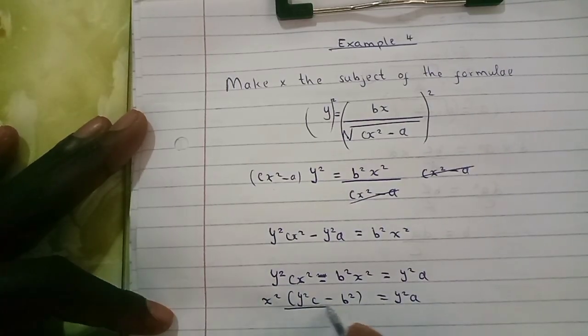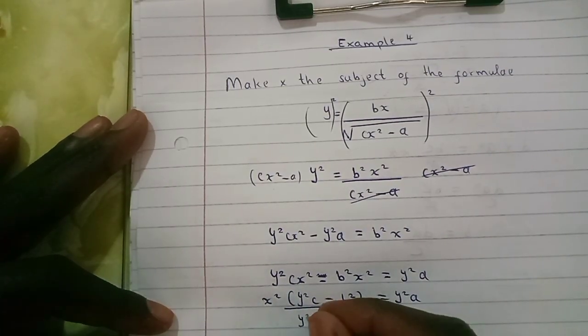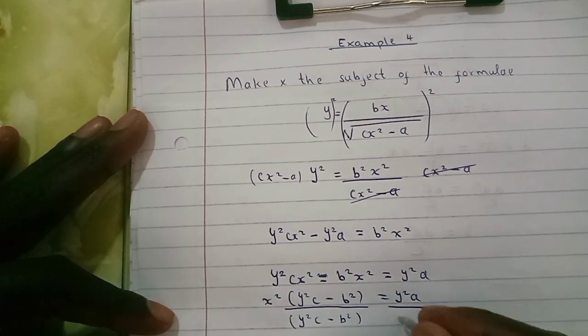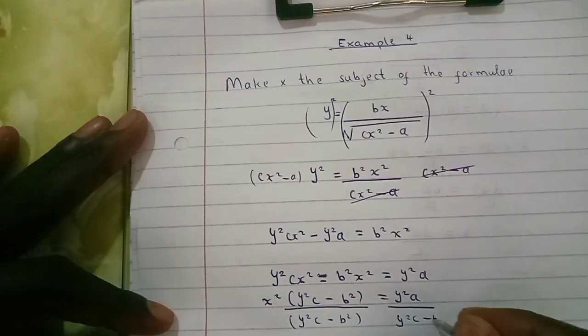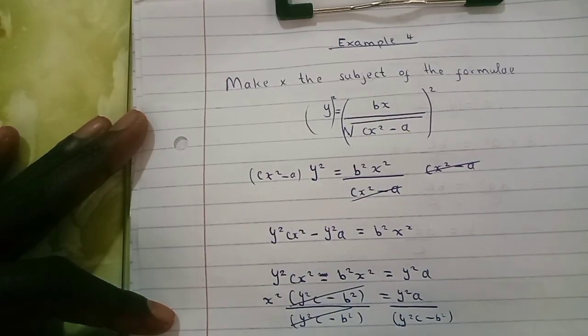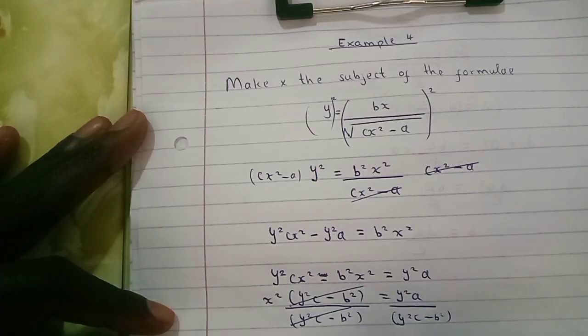I'll divide this by y squared c minus b squared, and also y squared c minus b squared, so that I can remain with x squared alone. So x squared is equals to y squared a all over y squared c minus b squared.